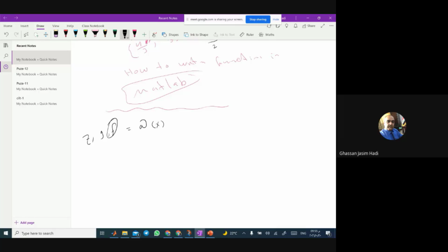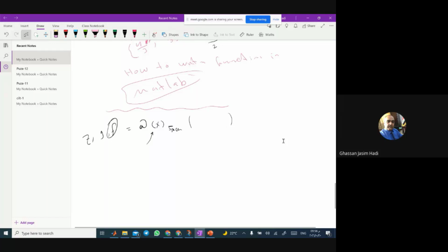What does that mean? That means my independent variable is x, and space, and write your function directly.